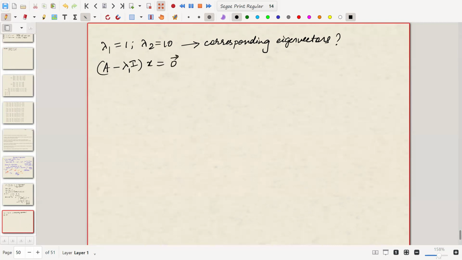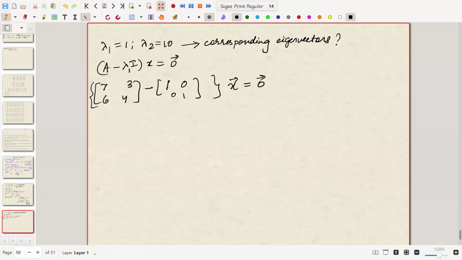What is A? 7 3 6 4, minus lambda, suppose for lambda 1 we take 1 0 0 1. And you multiply. Sorry, my handwriting is not that good today.